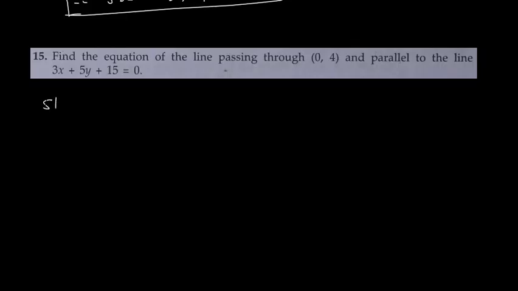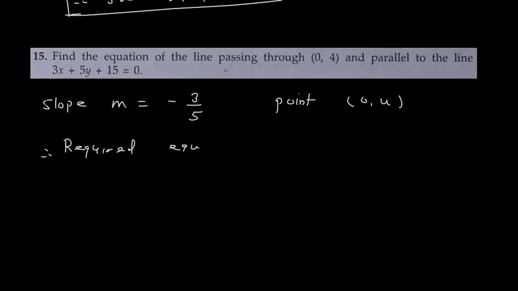Here the slope m, which you will get, is minus 3 divided by 5, and the point is 0, 4. So the required equation is y minus 4 equal to minus 3 divided by 5 times x minus 0.